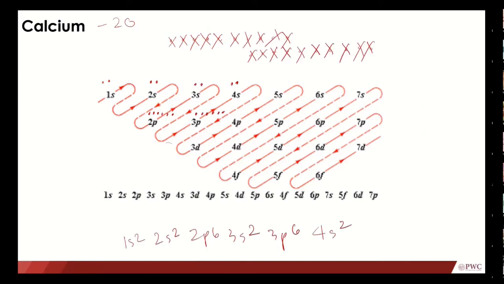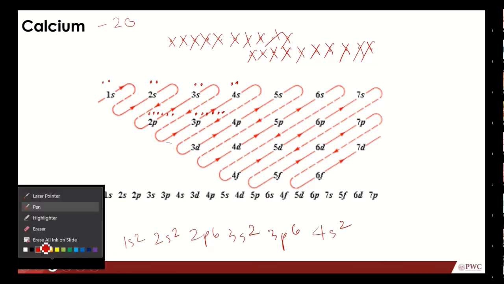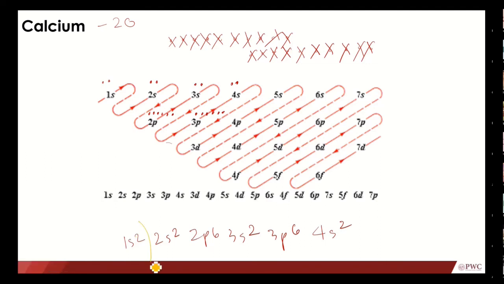Next, calcium. 18. How many energy levels are occupied here? We have the first energy level, the second, third, and then the fourth energy level. Which one is the outermost energy level? The fourth energy level.